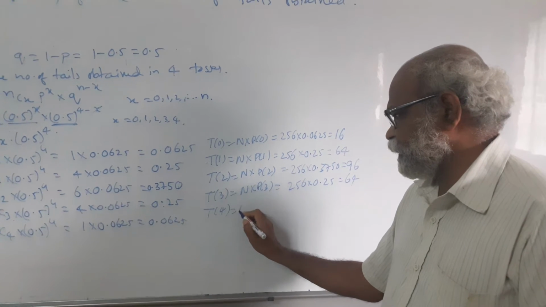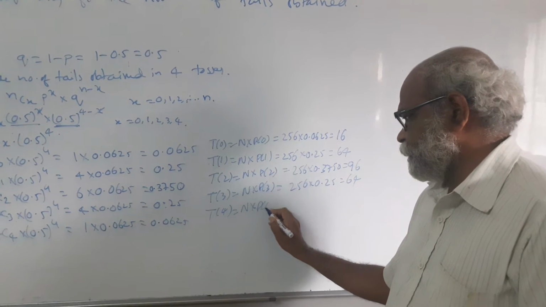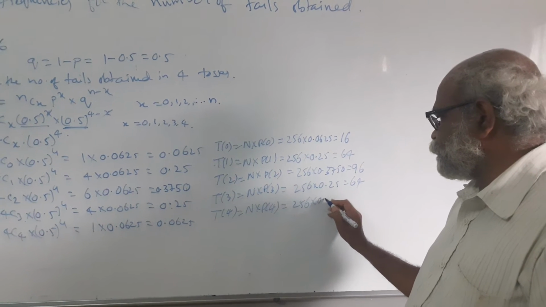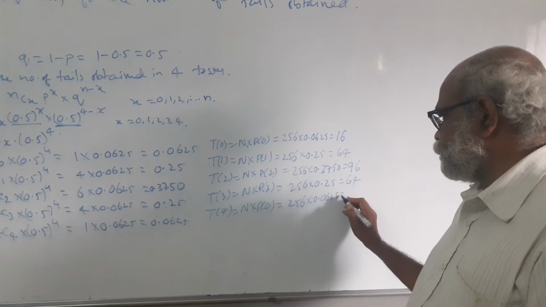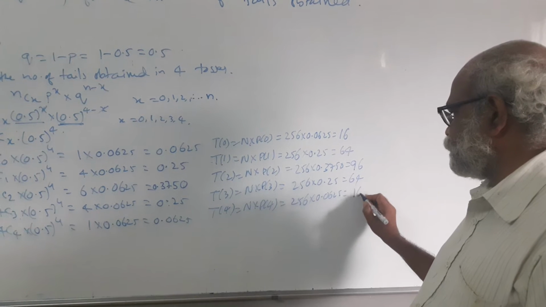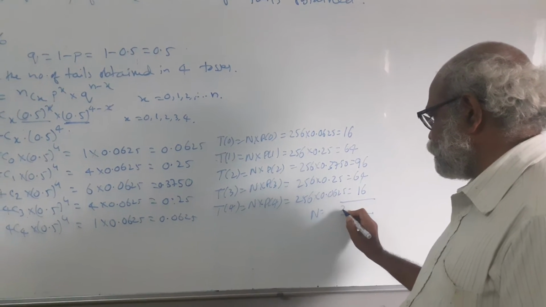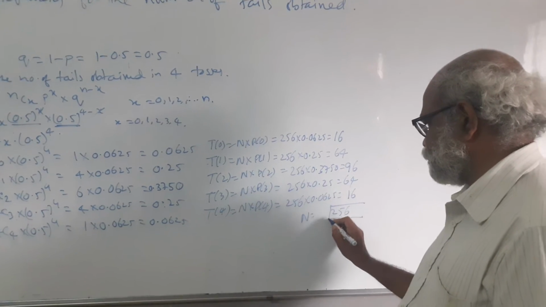T4 is N into P4, that is 256 into 0.0625, that is 16. Add these, you will get capital N, 256.